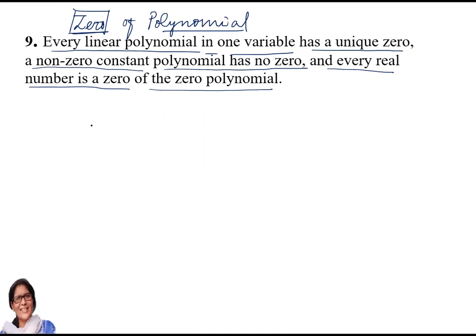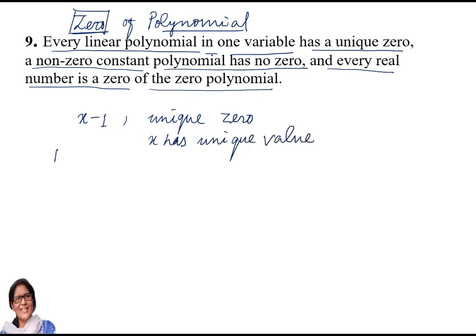That means if I take a linear polynomial, for example, x minus 1, it has a unique zero. What is unique zero? That means x has a unique value for which this polynomial p(x), x minus 1, becomes 0.